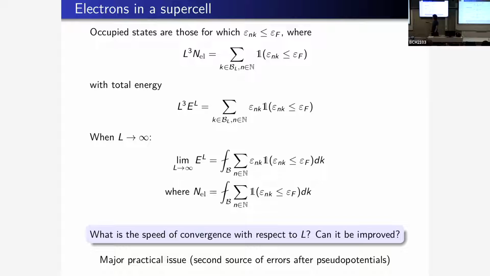You just sum the energy of the occupied states. Okay, that's your bulk energy. And again, the Fermi level is determined by this condition. The question I'm going to be asking is, what is the speed of convergence of this to this?